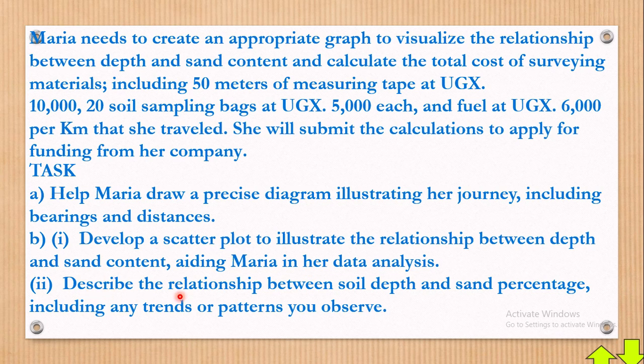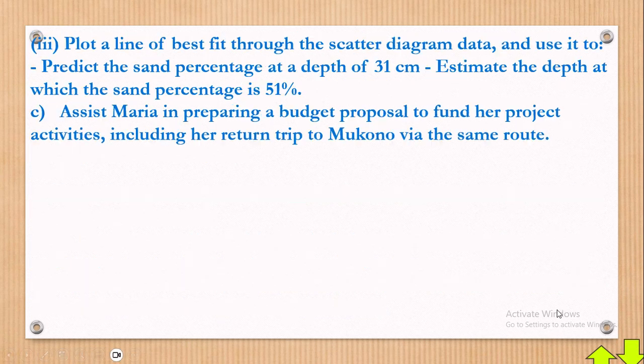Number 3, describe the relationship between soil depth and sand percentage, including any trends or patterns you observe. Finally, plot a line of best fit through the scatter diagram and use it to predict the sand percentage at depth 131 centimeters.